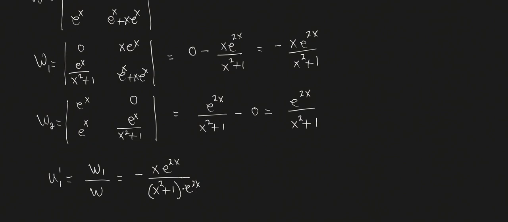And what happens is now the exponentials cancel out. So I have negative x over x squared plus 1.